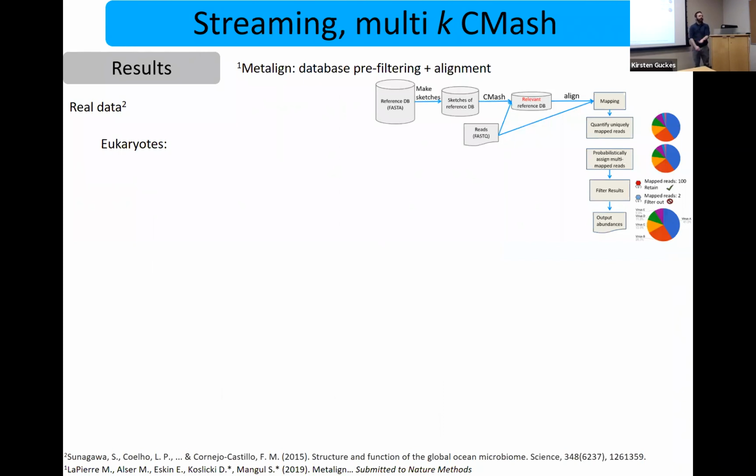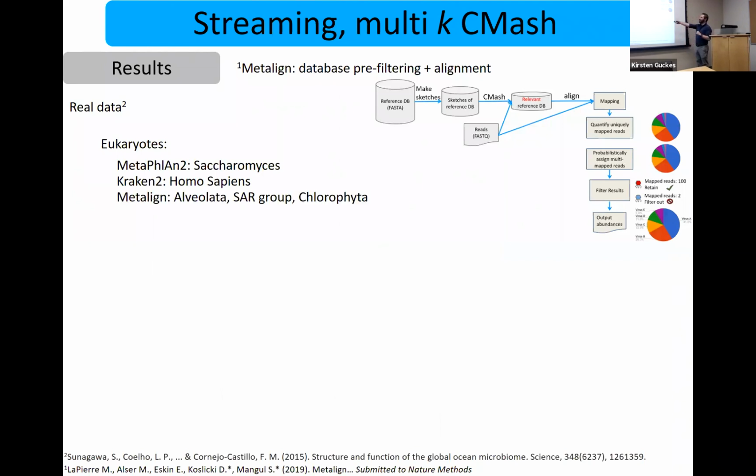We have no ground truth here, but we have other studies who have studied the different samples. And we can look at, for example, eukaryotes. Metaflan reports a single one. Kraken reports Homo sapiens as being present in this ocean sample. And then Metaline detects some organisms that are supported by other studies. And so, on this real data, it's returning things that we would kind of expect because it's supported by other studies.